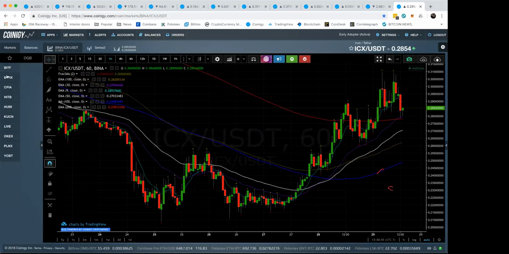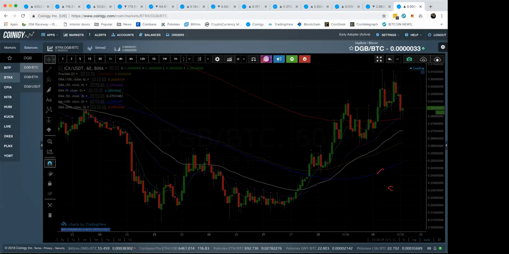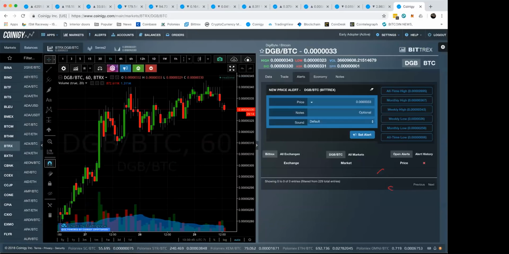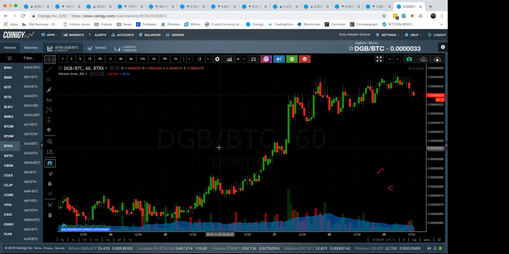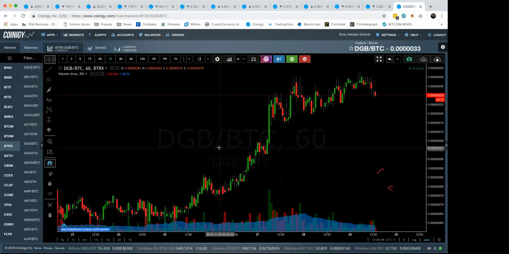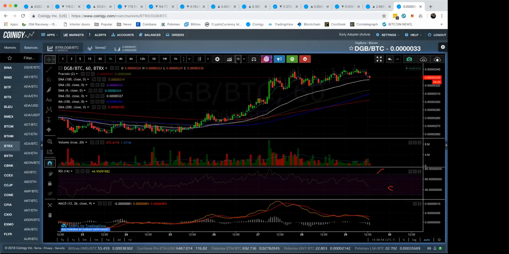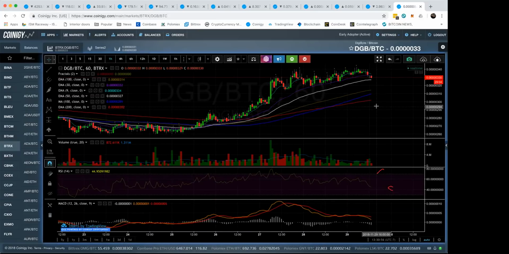DGB. Look here. Okay, so DGB is now looking a little bit like it's running out of steam. Look at the MACD on this starting to come down.